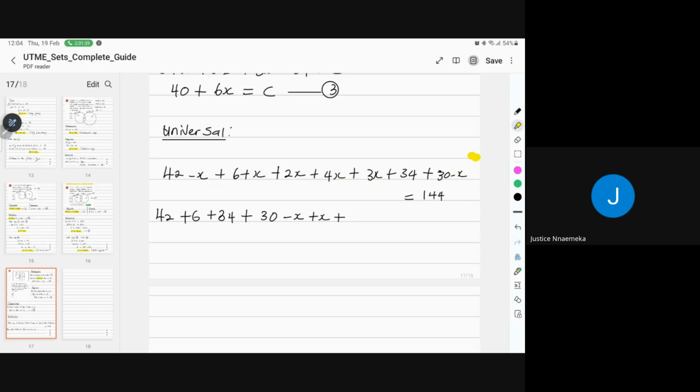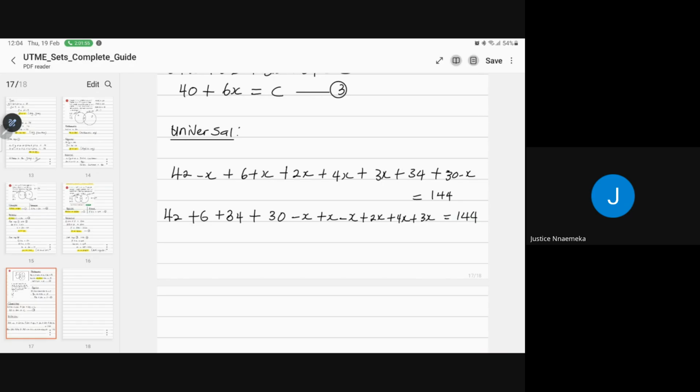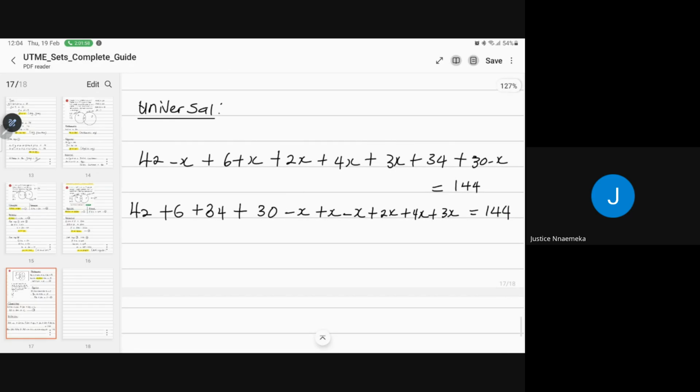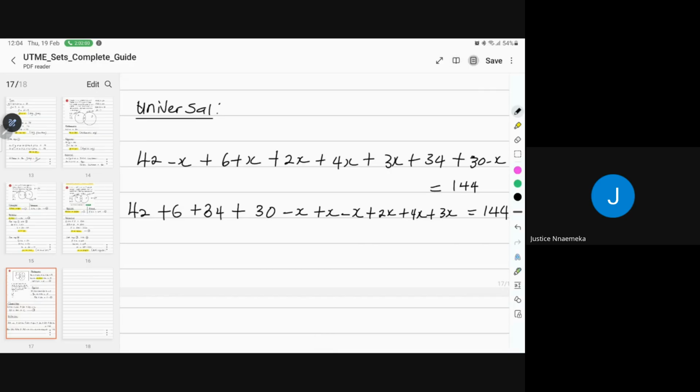So I have minus x, then plus 2x plus 4x plus 3x equal 144. Any other thing I'm omitting? No. This is 48, then 48 plus 34. Make sure we don't make mistakes. Or let's go like this: 30 plus 34 is 64. 64 plus 48.